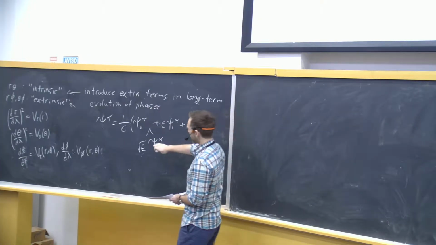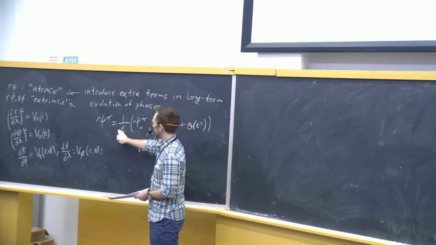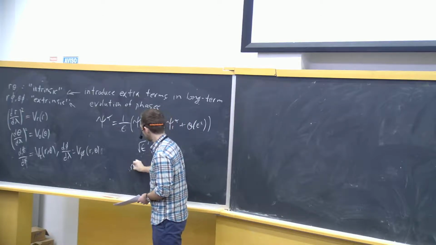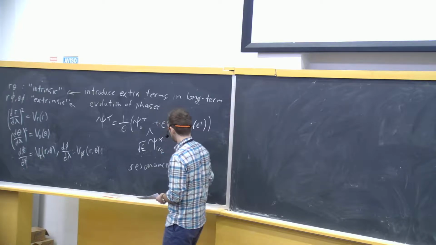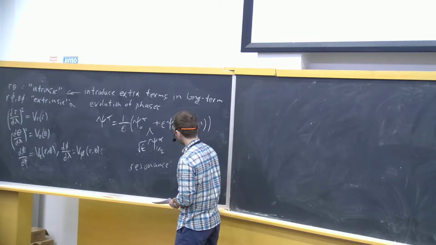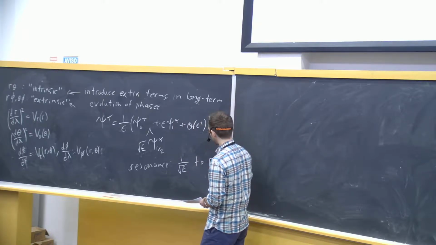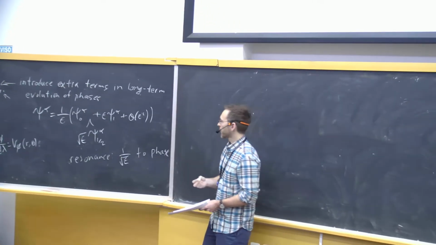You can see this has a major impact on the long-term evolution because it's multiplied by 1 over epsilon. So the total effect of resonance is a contribution of 1 over square root of epsilon to the phase. So this is a very large effect.